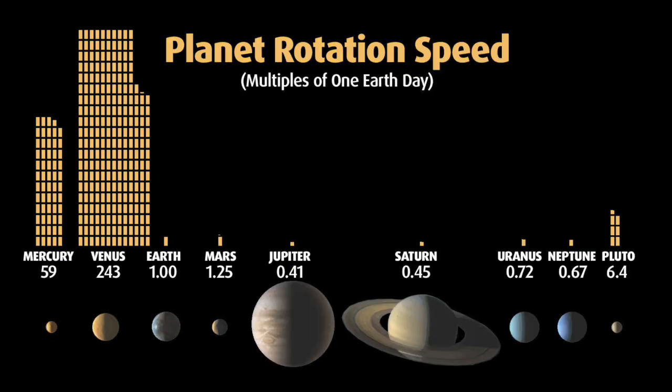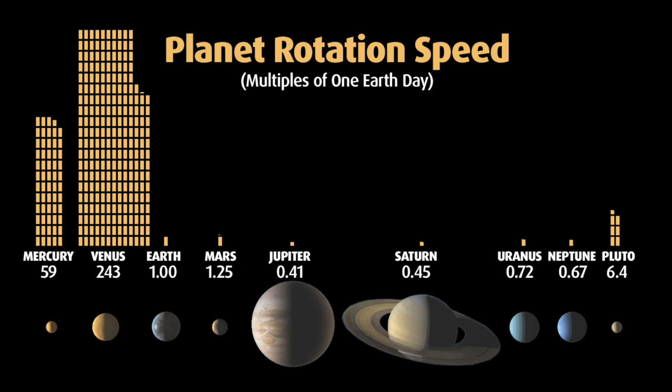And why is the rotation or the length of a day on a given planet not the same, or at least in a progressive pattern? We have the Earth, that's the third one from the left there, and we're showing that little block representing 1 Earth day. So Mercury spins very slowly. That's really interesting. And then Venus is way slower.